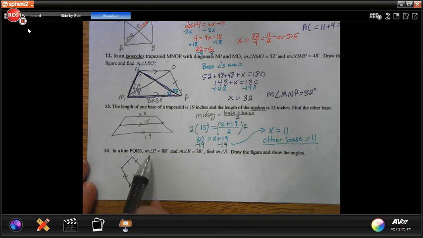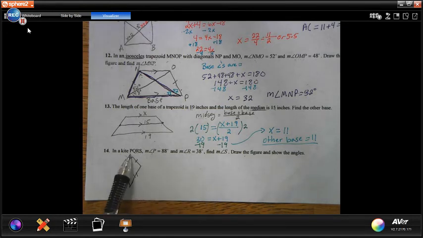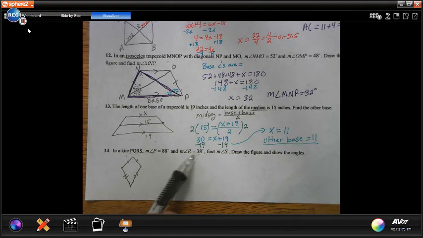It says angle P. Oh, it's called kite PQRS. So let's do that. It does help to know how to label this particular one. Notice P and R, they're opposite angles because P, Q, R, they're separated by a letter. So they're opposites, and they're not equal.